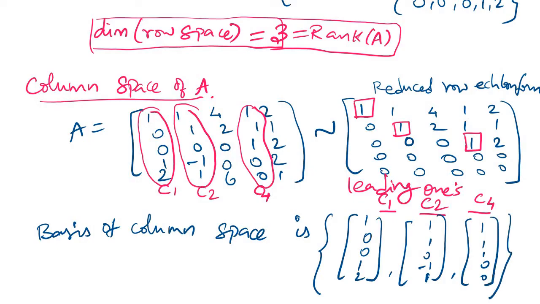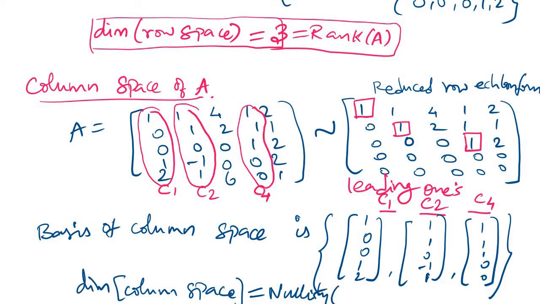And the dimension of column space is nothing but the number of elements in the basis of column space, that is 3. Here the dimension of column space is also called the nullity of A, that is 3.